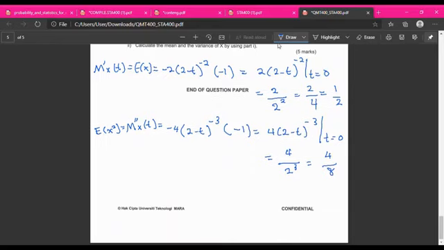Okay, our intention dapatkan variance, which is expected of x square, 1 over 2, minus dengan mean square, 1 over 2 square. So last kali you akan dapat 1 over 2 minus 1 over 4. Then you will get 1 over 4.